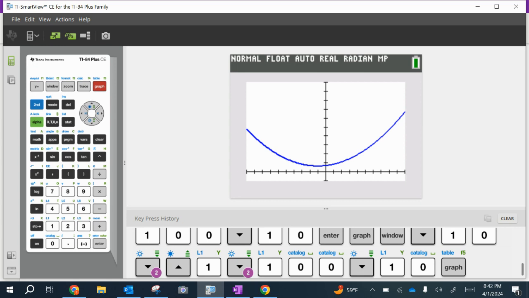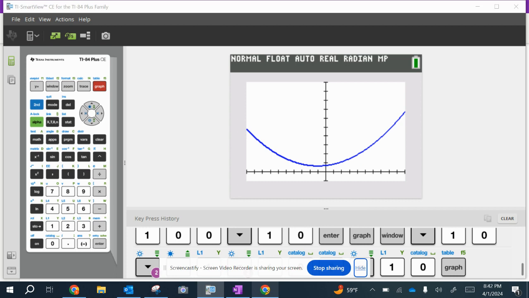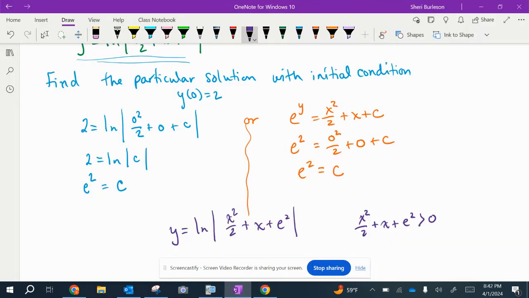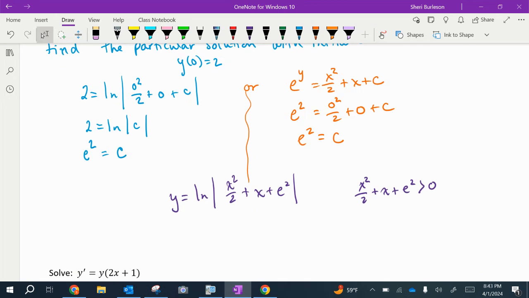It is never going to touch or cross the x-axis down into the negative region. So I can say that x squared over 2 plus x plus e squared is positive, which means that y will equal the natural log of x squared over 2 plus x plus e squared.